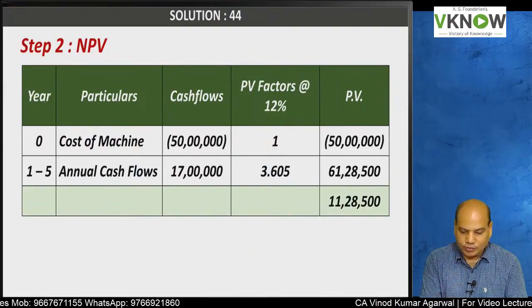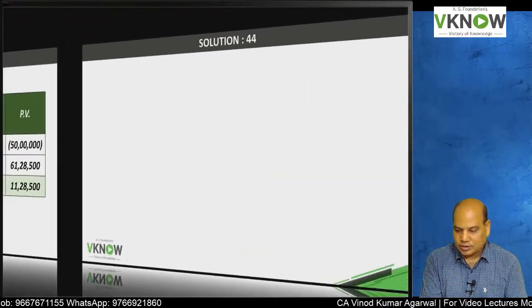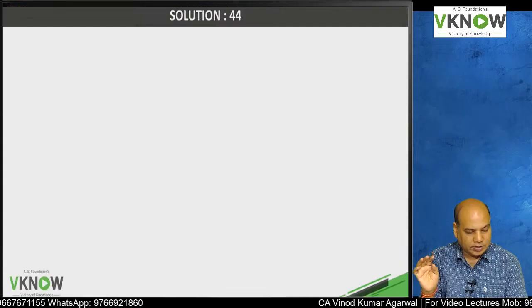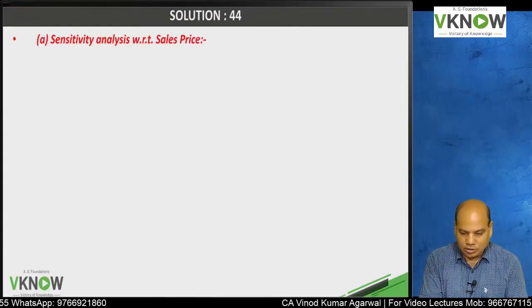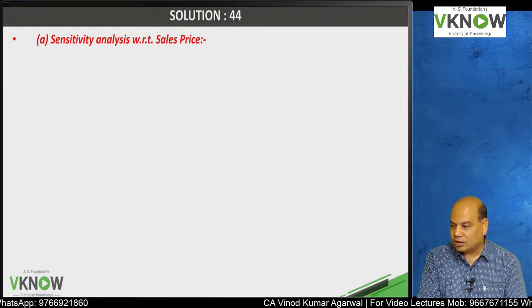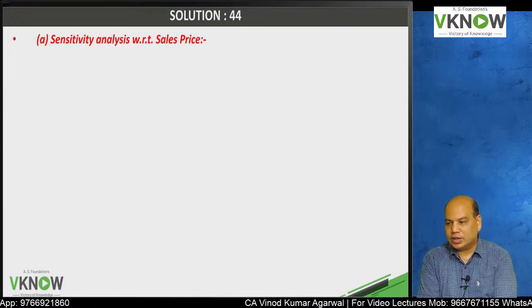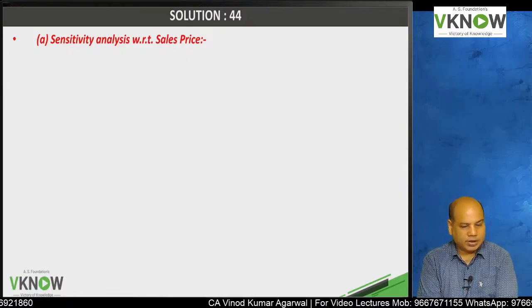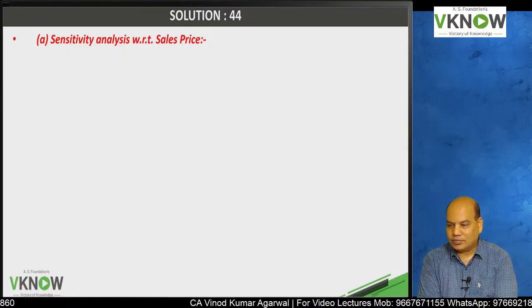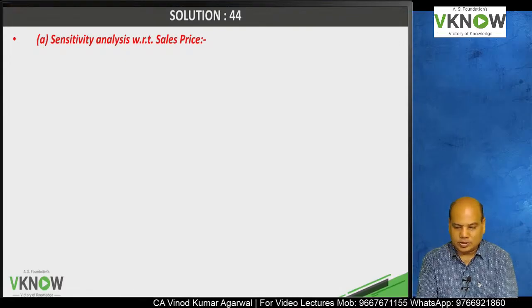Okay. Now we have to do sensitivity analysis for three variables: selling price, sales volume and variable cost. Next, write down sensitivity analysis with respect to selling price. Everybody should participate. Sensitivity analysis with respect to selling price.